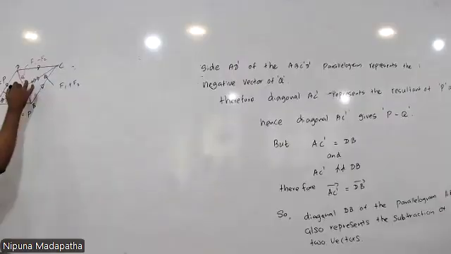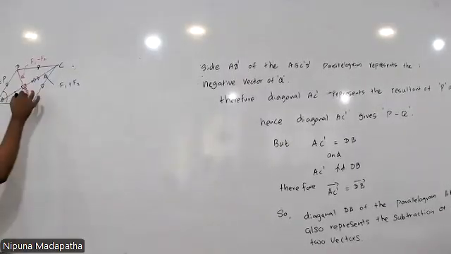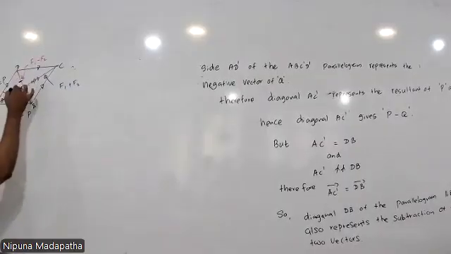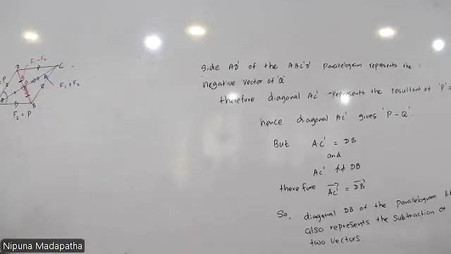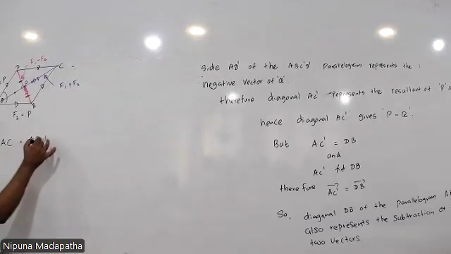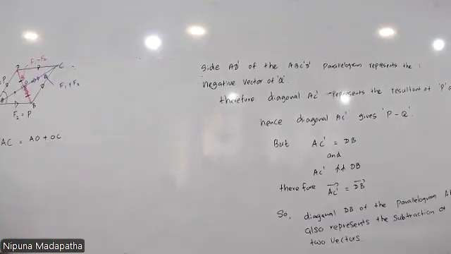Right? So this is angle 90, the diagonals intersect perpendicularly at point O. So BO length is equal to OD and also AO is equal to OC. So you can write the length AC in terms of AO and OC.